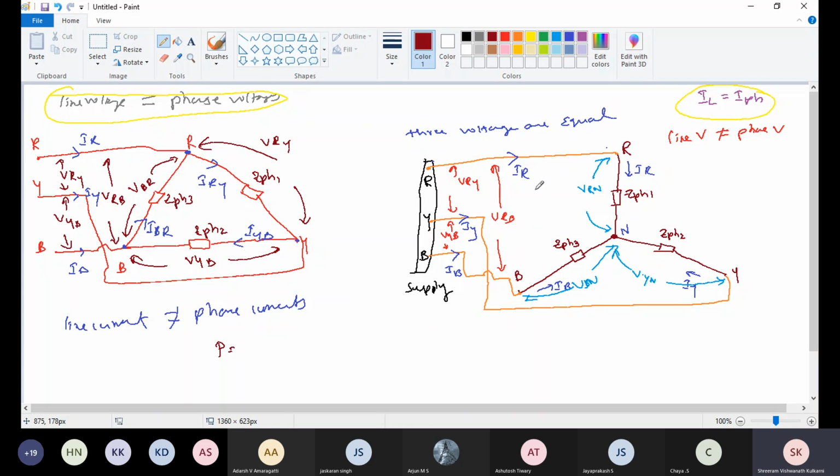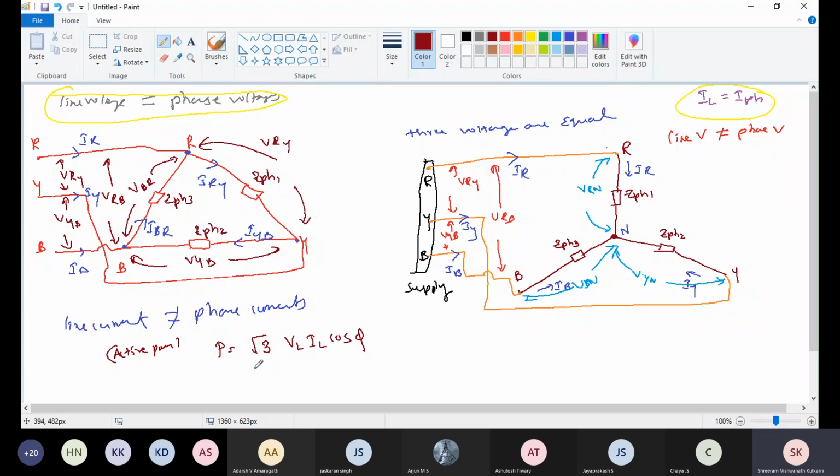Remember the power triangle: apparent power, reactive power and active power. I am going to denote this active power as P. Now tell me the expression for P. We are dealing with three phase, so root 3 VL IL cos phi.